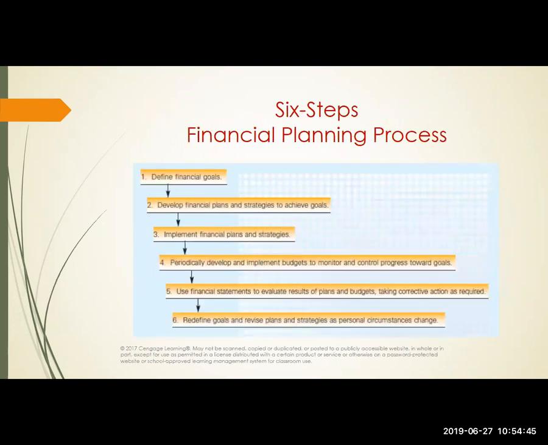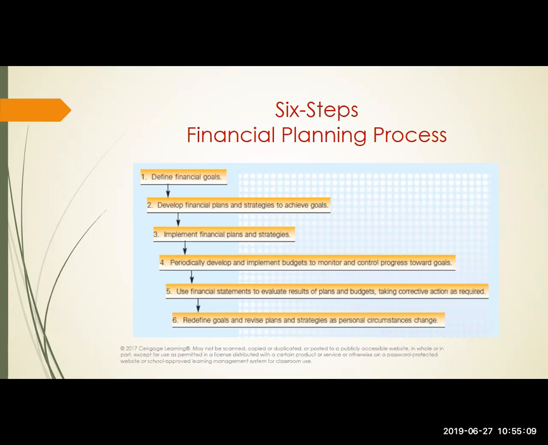This is a diagram of a 6-step financial planning process, and we're going to be working through this in the first 2 chapters. Again, identifying our financial goals. What is it that we want to attain in the next 12 months? The midterm, which is 1 to 6 years, and then 6+ years, which is our long term. And then we're going to develop strategies to do that.